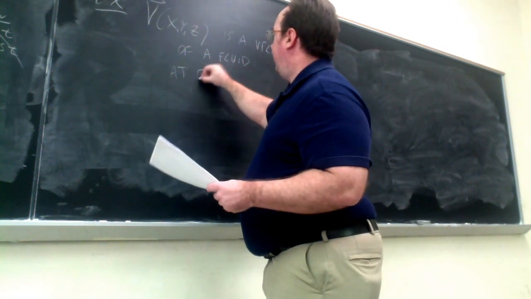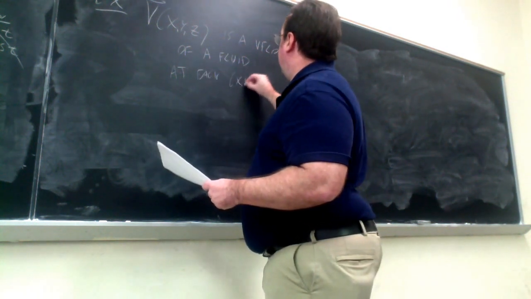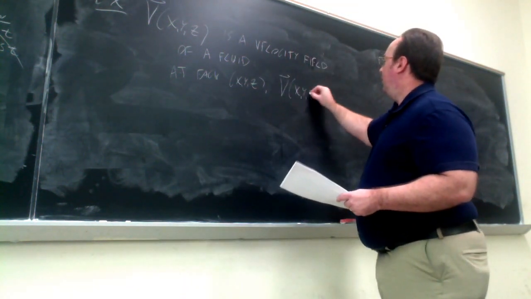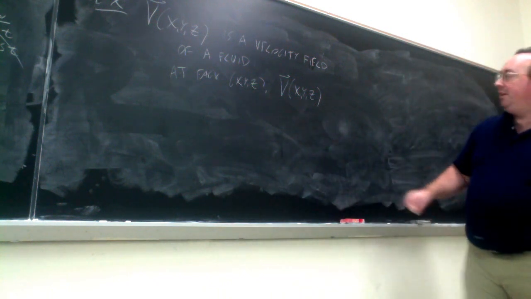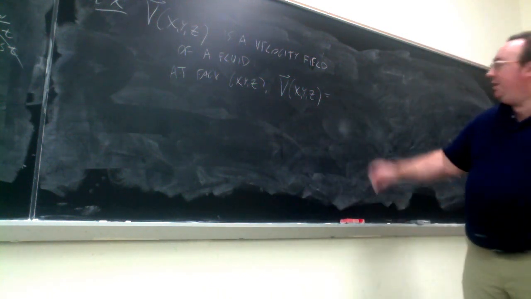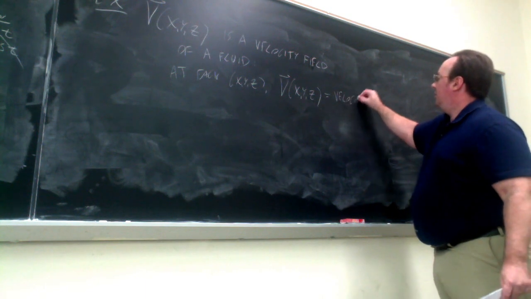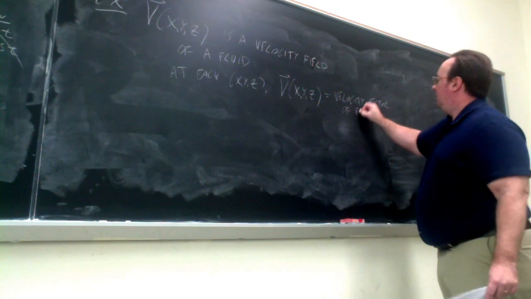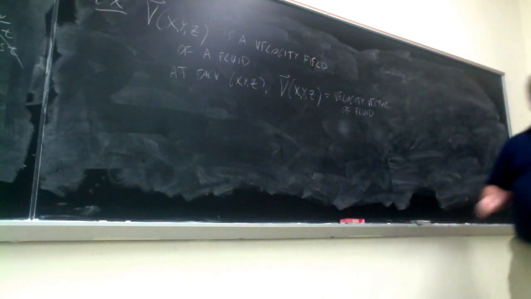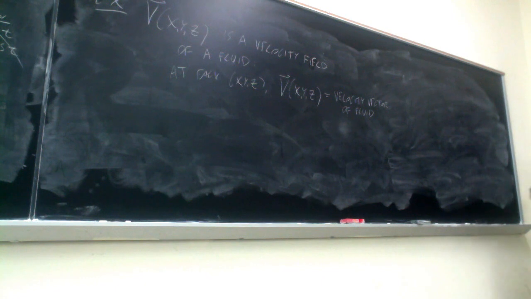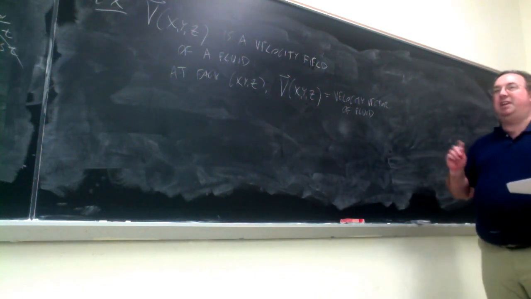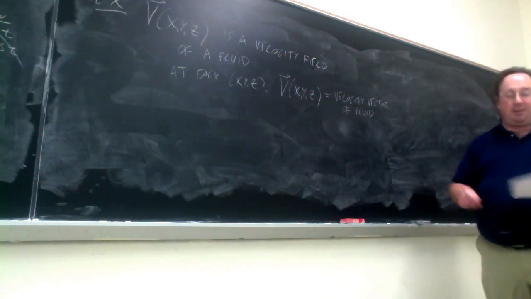What that means is, at each point x, y, z, the value of this vector field, v of x, y, z, gives the velocity vector of a fluid. Because if you think of a fluid as being a collection of, for instance, molecules, a molecule that's located at x, y, z is traveling in a direction indicated by v of x, y, z.